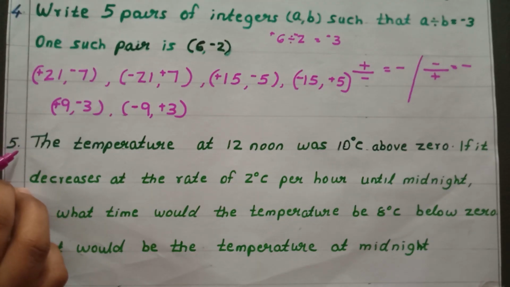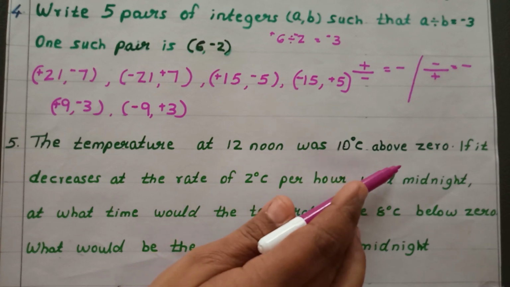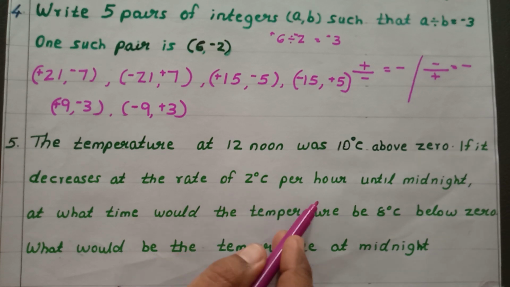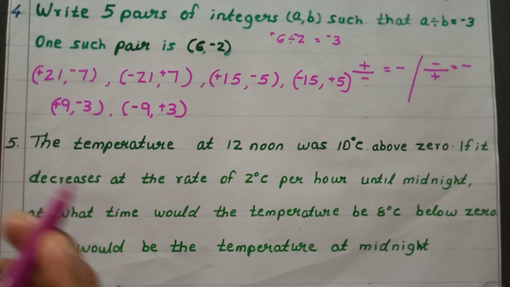Question number 5. The temperature at 12 noon was 10 degrees Celsius above 0. If it decreases at a rate of 2 degrees Celsius per hour until midnight, at what time would the temperature be 8 degrees Celsius below 0? What would be the temperature at midnight? So, in this question, we have to find out two answers.